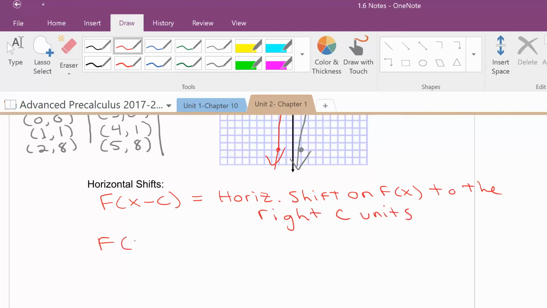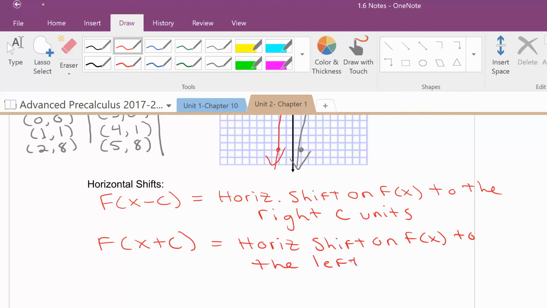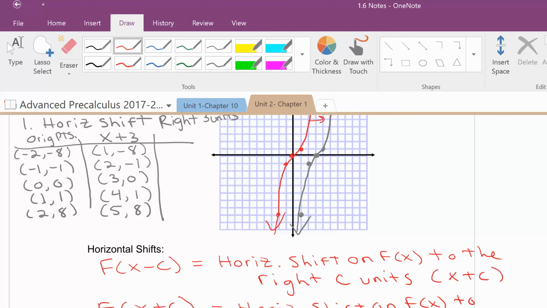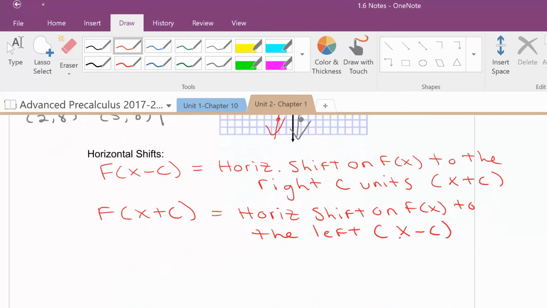If it's f of x plus c, it's a horizontal shift on f of x to the left c. So when it's to the right, you're going to add c to the x coordinates. When it's to the left, you're going to subtract c from the x coordinates. Notice how when it moved to the right, I added that number to each x to move it to the right 3 units.